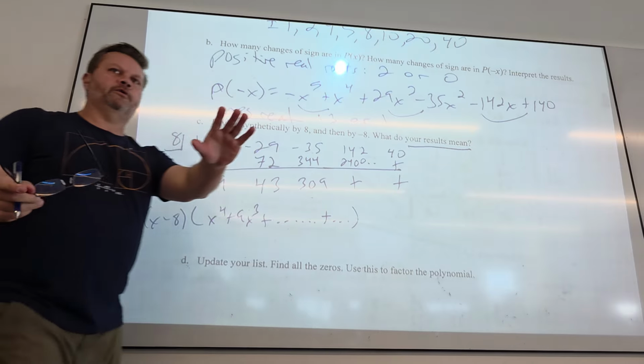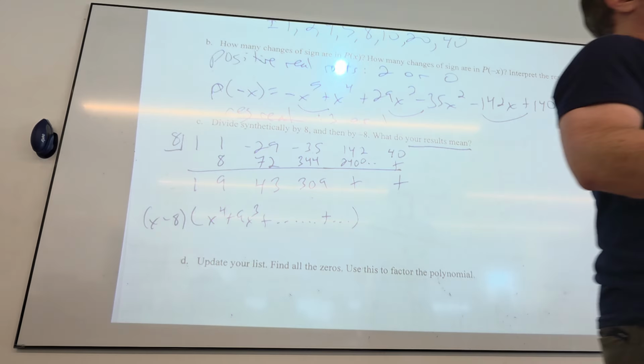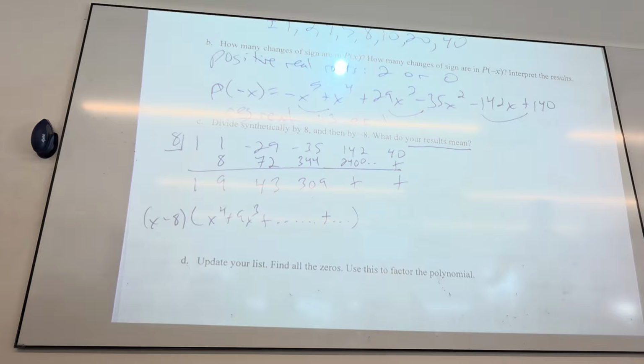I really want you with me on this. This is so useful. This is related to Descartes' rule of signs, but it's nowhere near as free. If I synthetically divide by a positive number and the result does not change signs, no number above what I just divided by will work. It's what's called an upper bound.